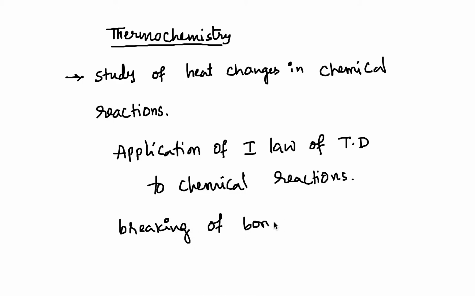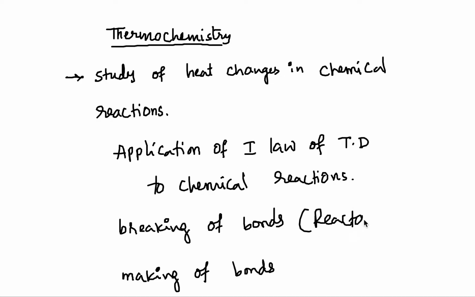Breaking of bonds in reactants, and finally the making of bonds to form products. So this happens in reactants, and this step happens to form the products. So these are the two things that happen in any chemical reaction.